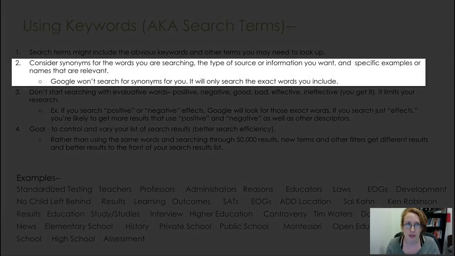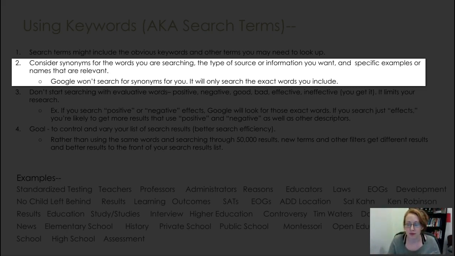You do want to think about considering synonyms for terms, not just for the library, but also on Google, because as Natalie said, it might try to anticipate some other synonyms for you, but it's not perfect. It won't always search synonyms for you, or at least not all of the synonyms. It's only going to spit back exactly what you tell it to.